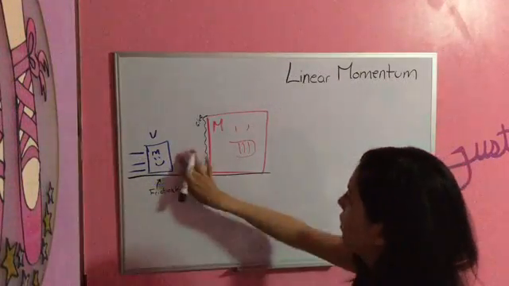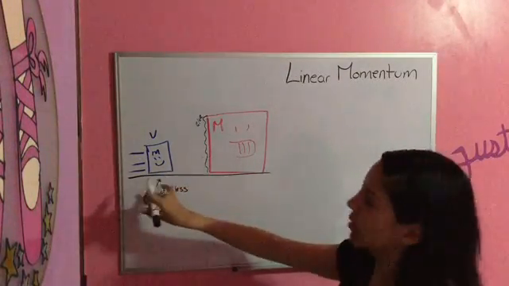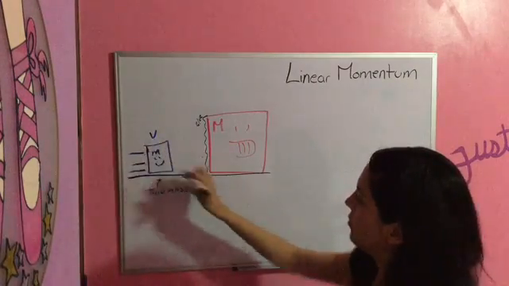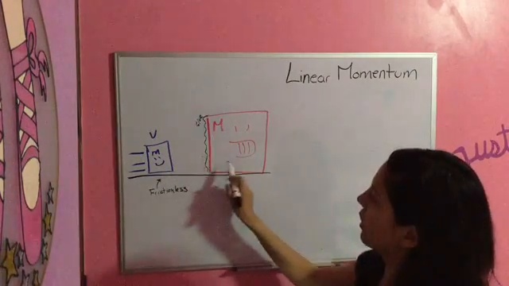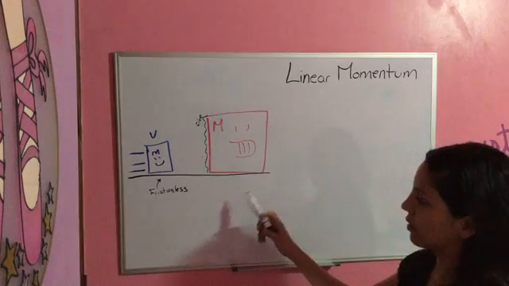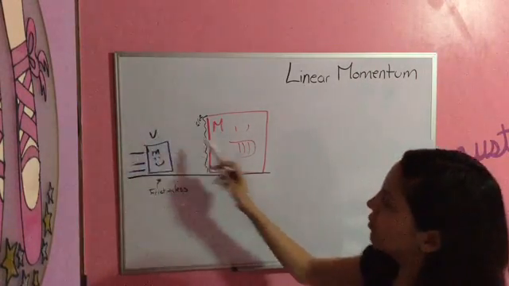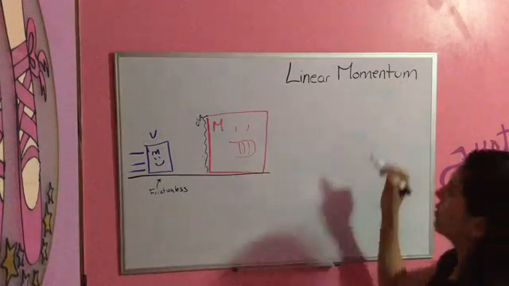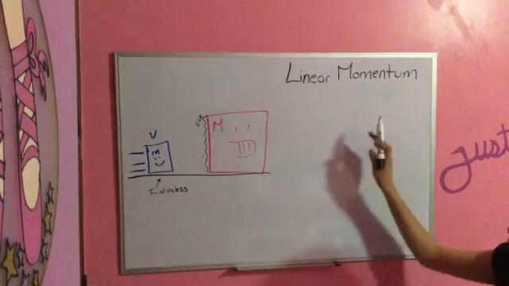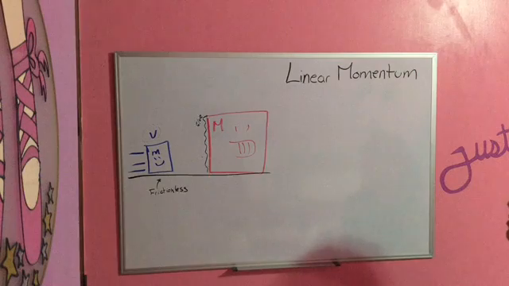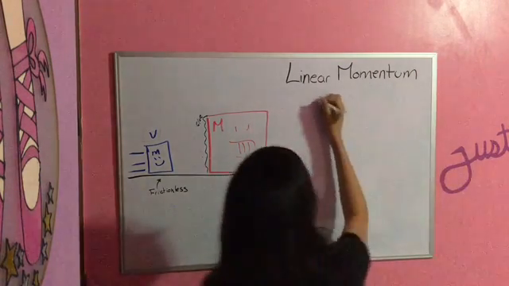The next step is doing linear momentum. So we know that the little block already has a velocity, and it will stick together to the big block. So with this velocity, we can get the linear momentum. We can say whether the linear momentum is conserved or not.